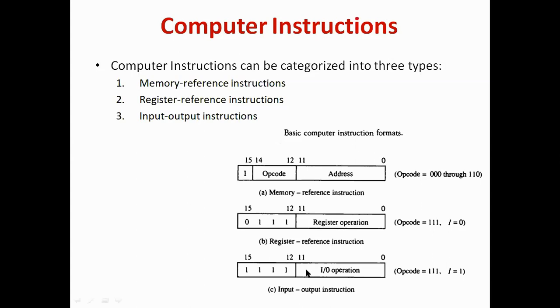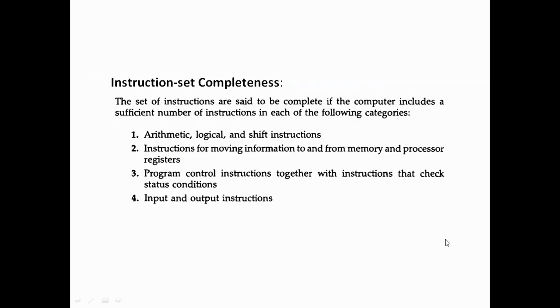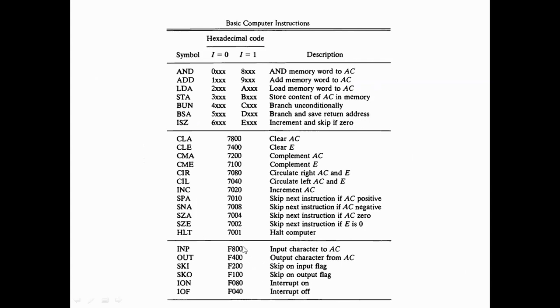If the second bit is 1 and the others are 0, it will be the second instruction, and like that, up to 6 positions. That is where we can deduce the hexadecimal code. For input output instructions, it will be 1111 followed by 1 and all zeros, that means F800, then 01 and all zeros, and so on up to only 6 instructions, because there are only 6 in number.